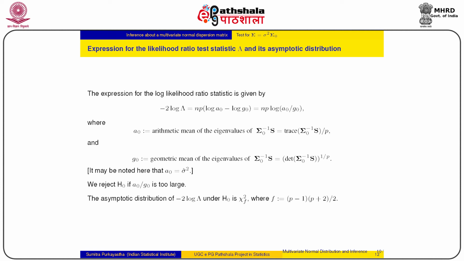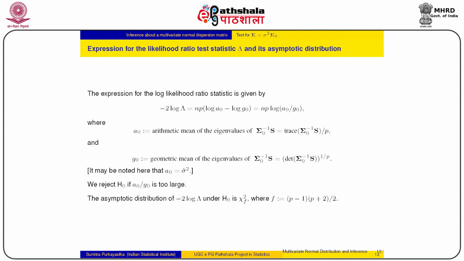If we recall the expression for sigma hat squared and compare it with this A naught, we immediately see that A naught is equal to sigma hat squared. We reject H naught if A naught by G naught is too large. A naught is anyway bigger than G naught, from the arithmetic mean geometric mean inequality of positive quantities.